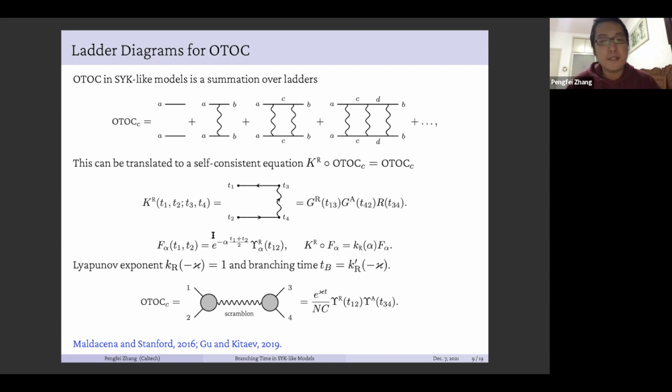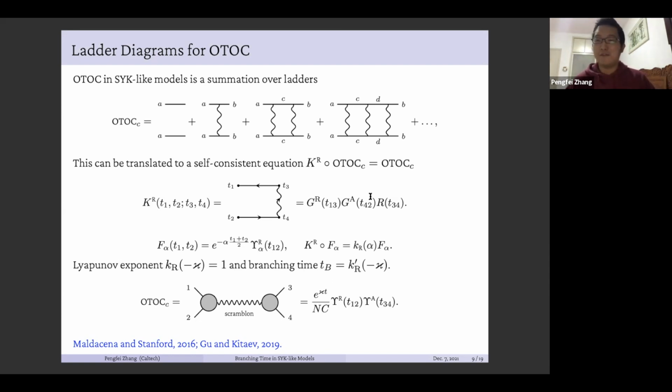Generally the eigenfunction takes the following form. If you apply this retarded kernel to the out-of-time-order correlator from the left-hand side, the dependence on the first two times will be this function. This explains half of this result, the exponent plus this YR function.